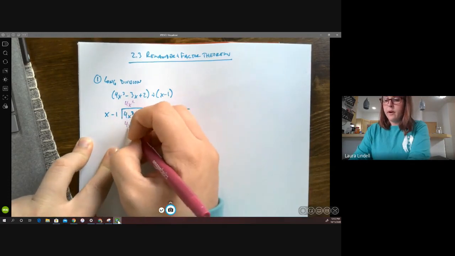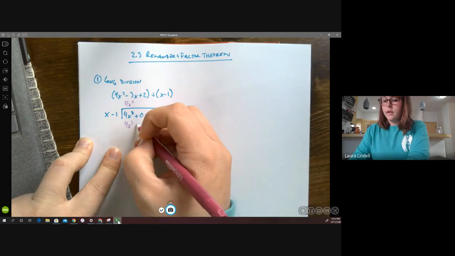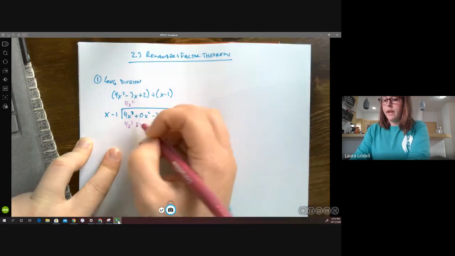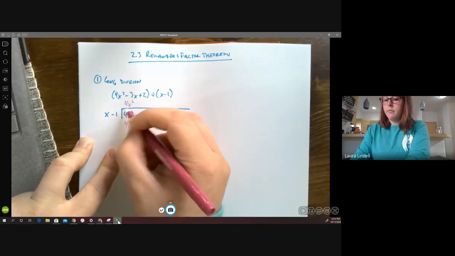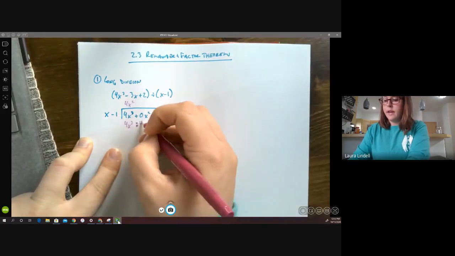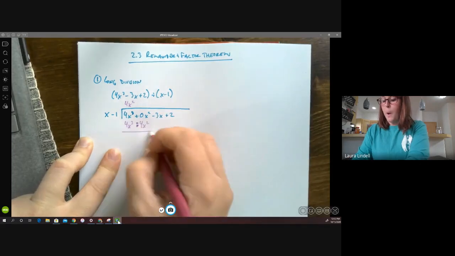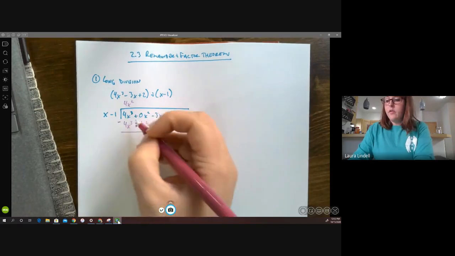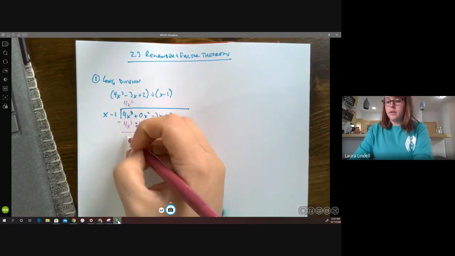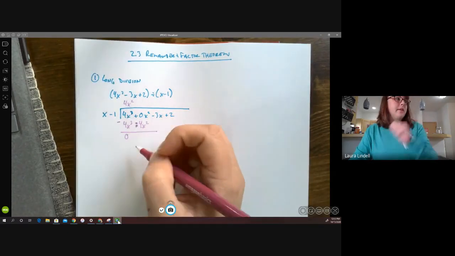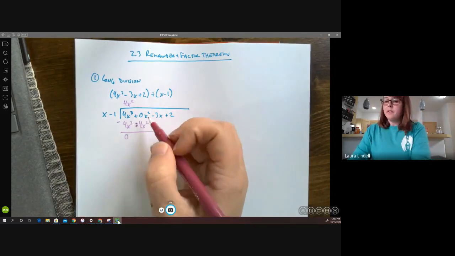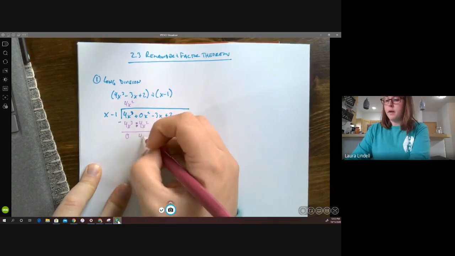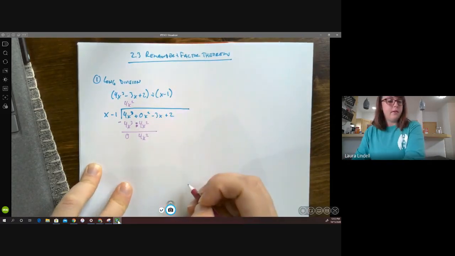So we end up with 4x to the third minus 4x squared, because it's -1 here. Okay, so then I'm subtracting here. 4x to the third minus 4x to the third is 0, as it should be. 0x squared minus -4x squared is +4x squared.